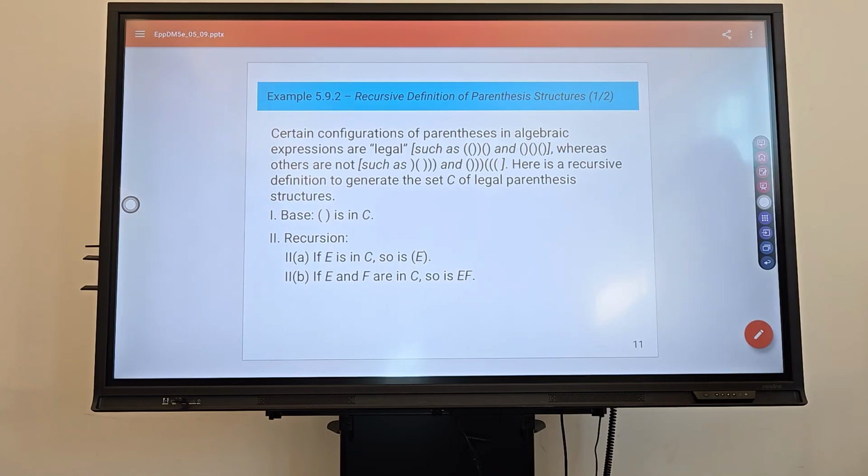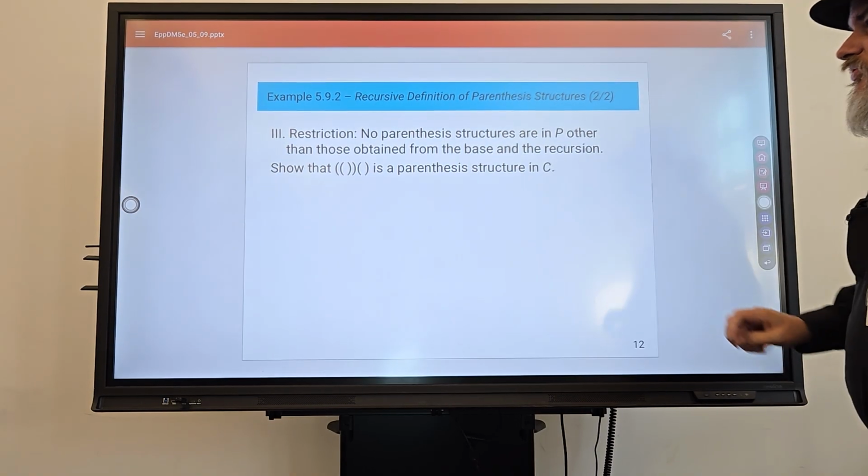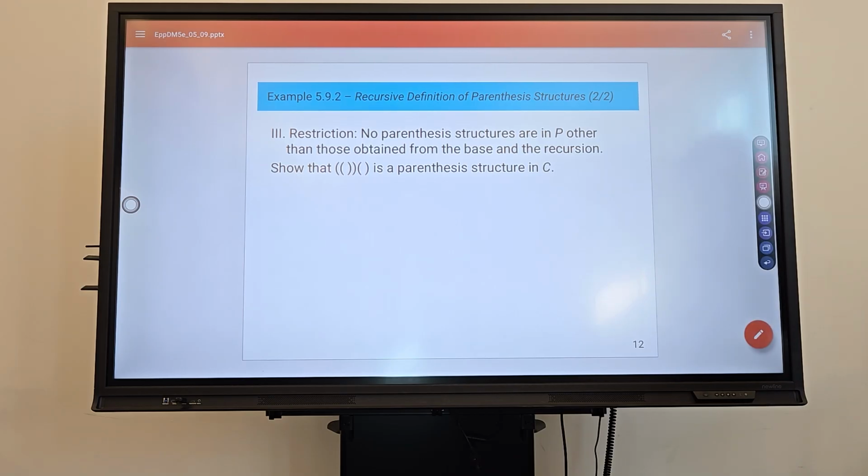Rule number 1, if E is in C, then so is E in parentheses. If E and F are in C, so is EF. Restriction. No parentheses structures are in C other than those obtained from the base and the recursion.